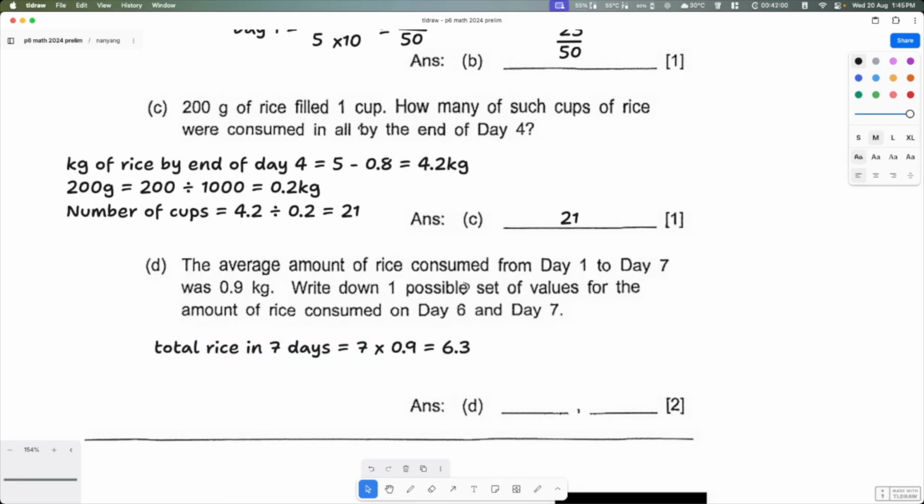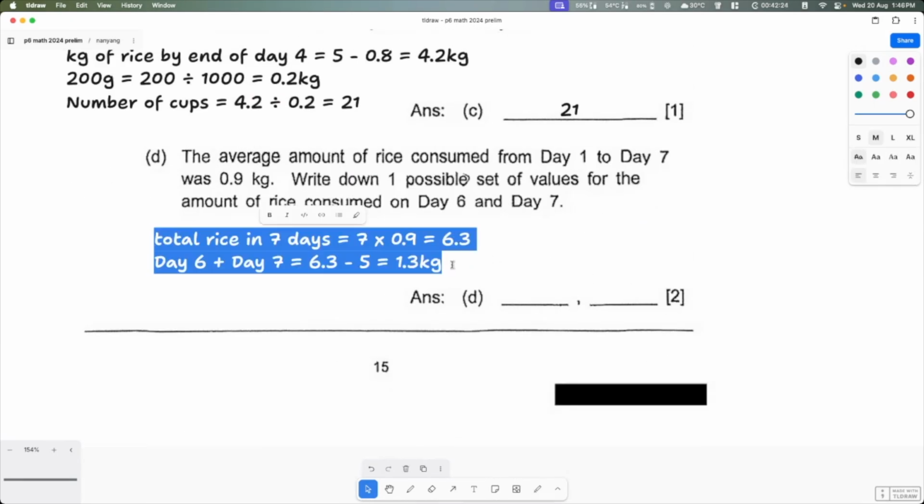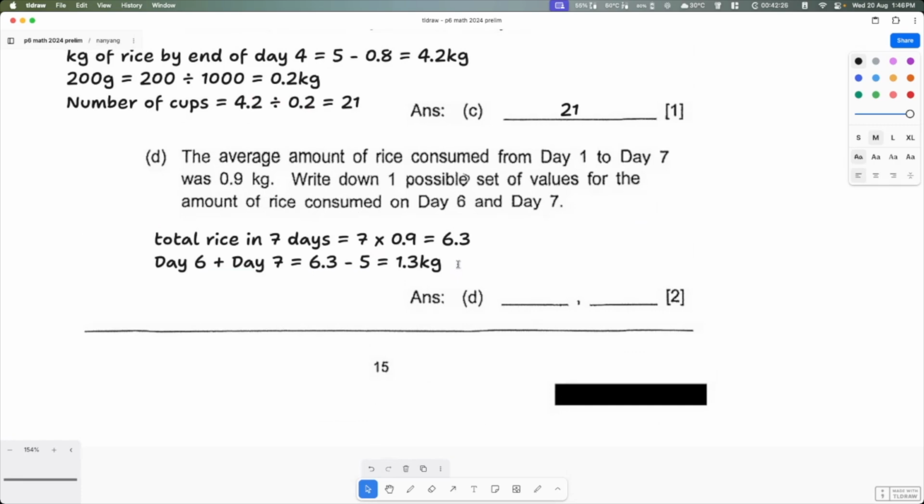Now I'll write down the possible values. Day 6 plus day 7 is equal to 6.3 minus 5, which gives us 1.3 kg. You can do whatever combination you want, to be honest.